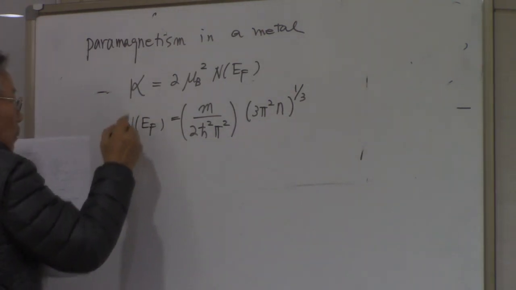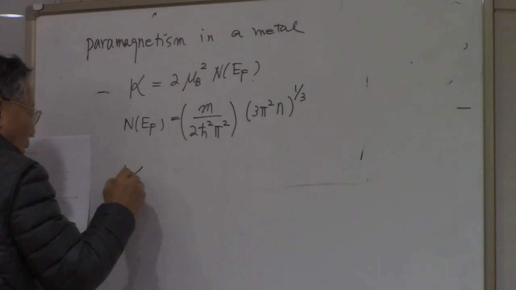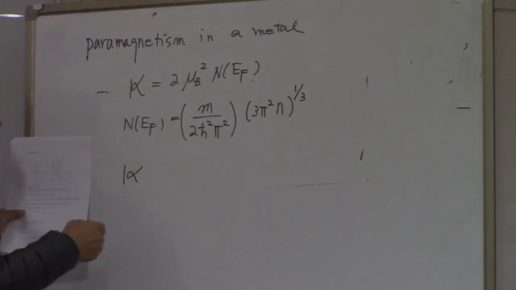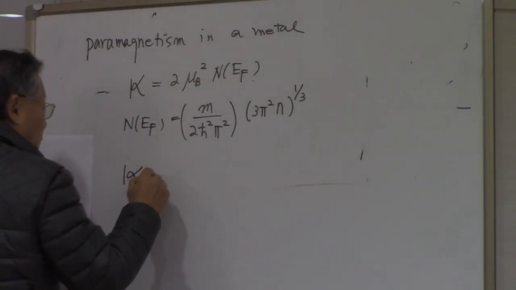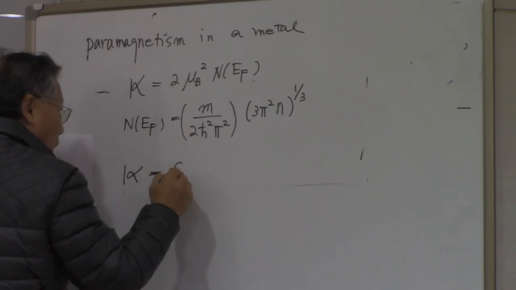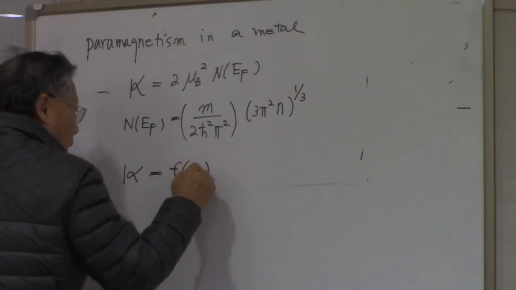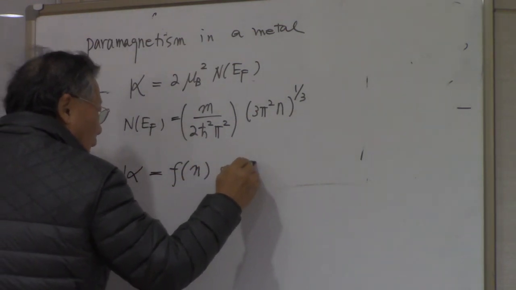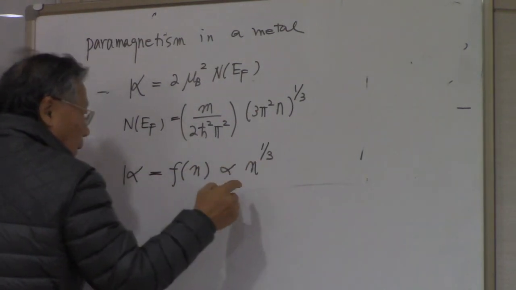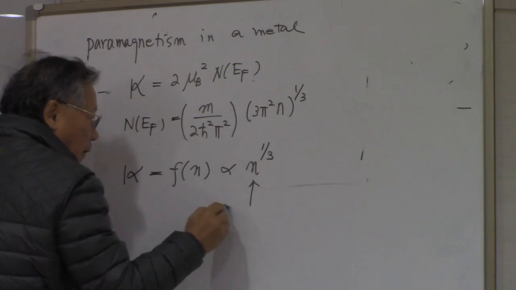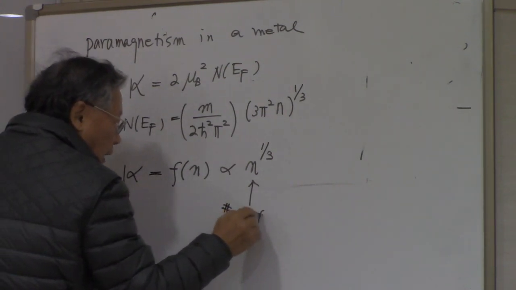And if you put that in, you can see that the susceptibility is a function of n and proportional to n to the 1/3. N is the number of free electrons.